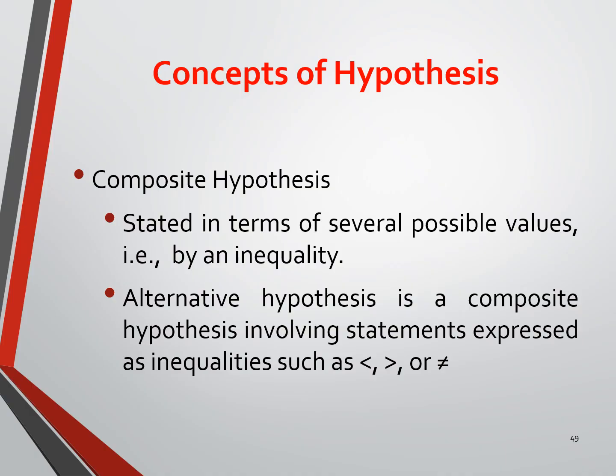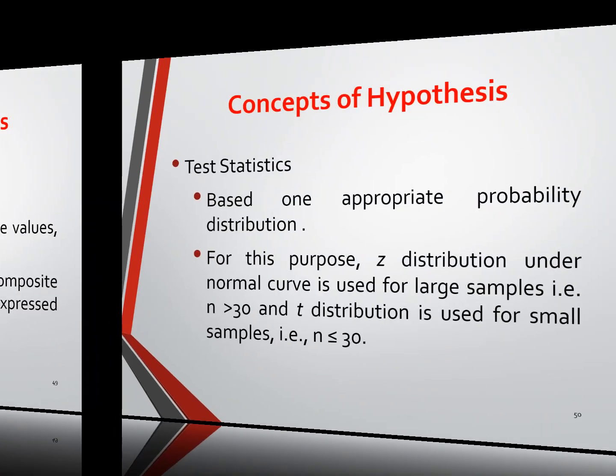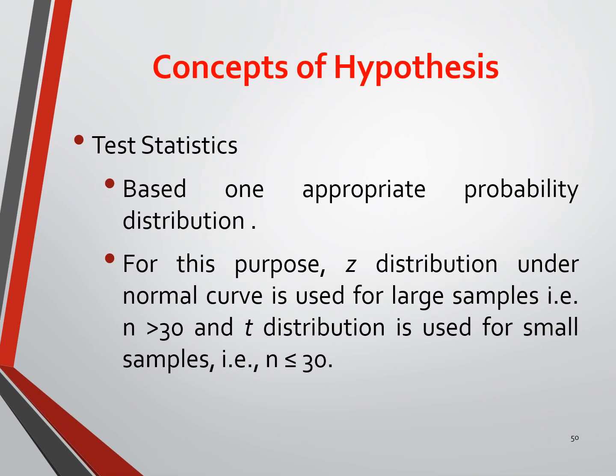Now, we have to define the test statistic. This is very important for hypothesis development and test statistics. You will always come across two things, small sample and large sample. When the samples are 30 or less than 30, it is known as a small sample size.